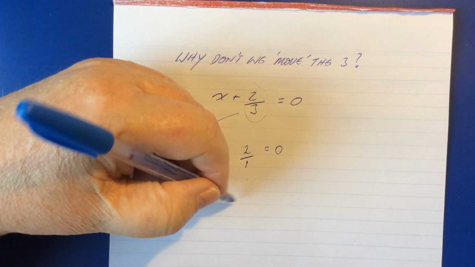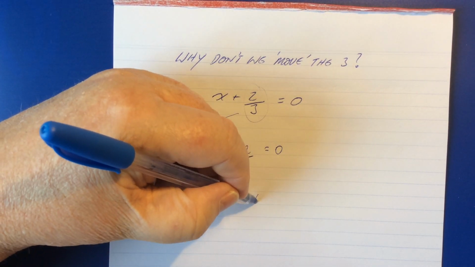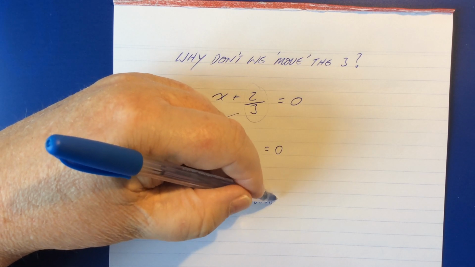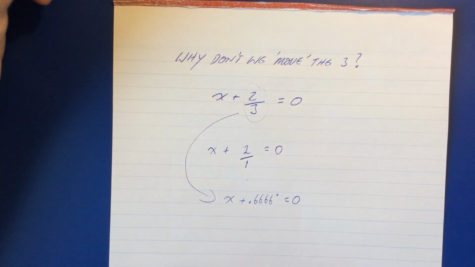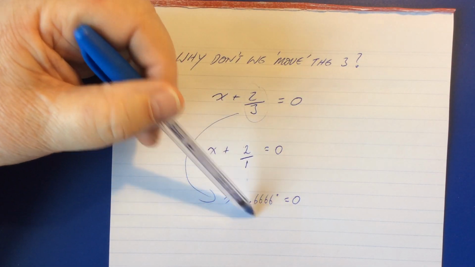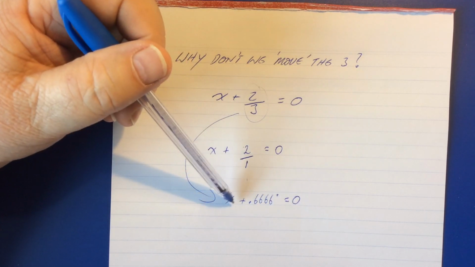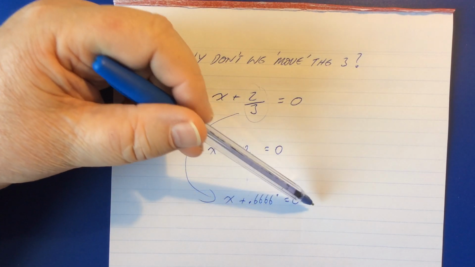If I were to play devil's advocate and do something like this, I think that many of my pupils would say, oh, just move this, put it over here, and x is equal to -0.6 recurring.